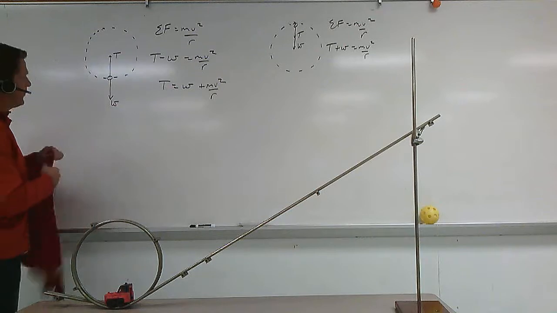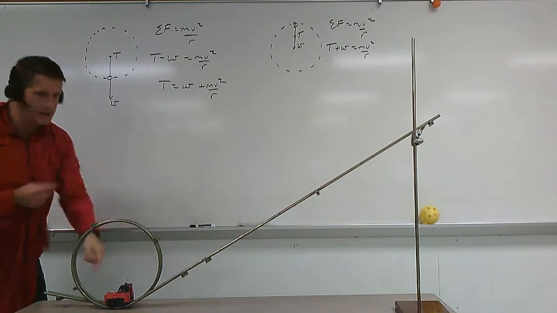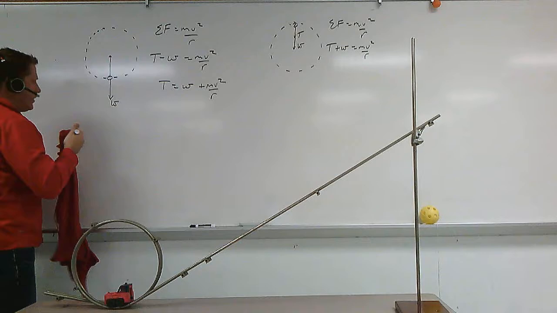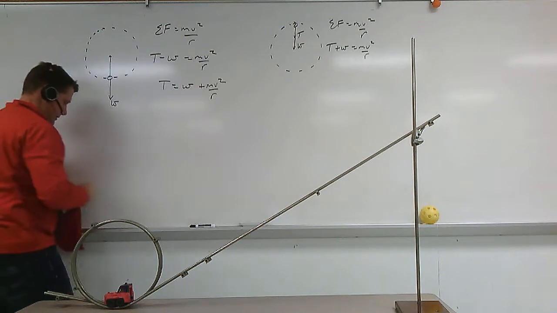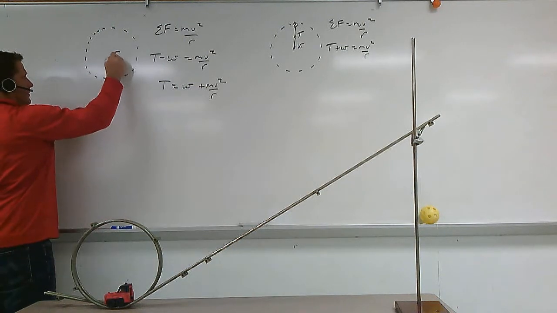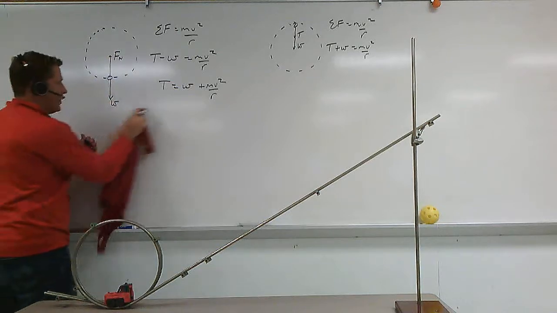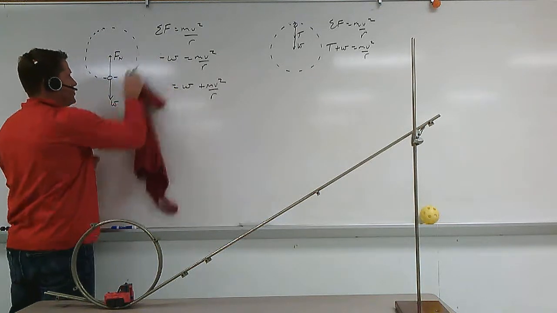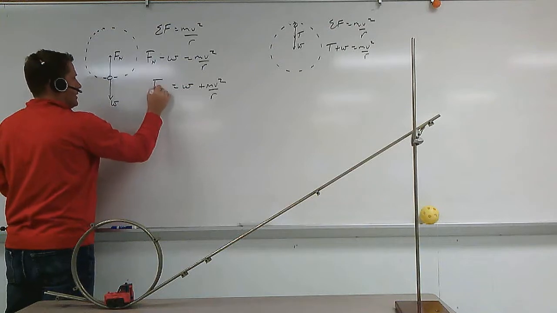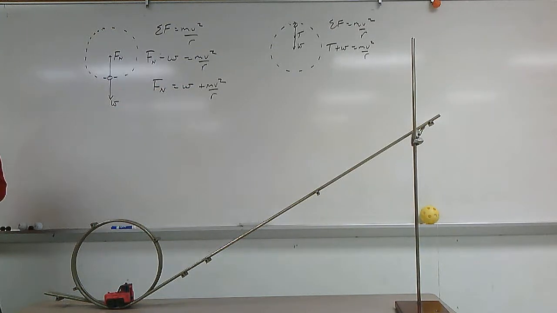The force diagram of anybody sitting in this car has the normal force pushing upwards and the weight going downwards. So any place we saw tension when we were talking about the string, we now see normal force.